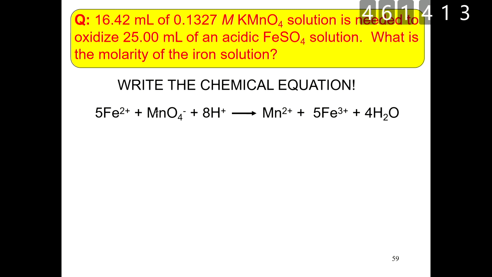So use the same way. See, 5, 1, right? Okay, and how to do? Five mole to one.